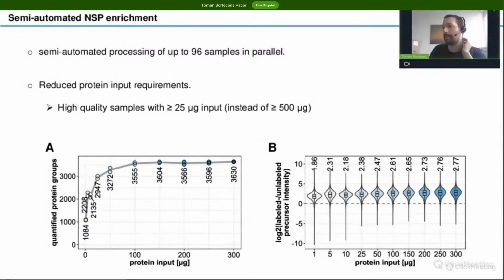And what we can see is that even with very low amounts of protein input, we get the majority of our signal actually from the labeled peptides originating from the newly synthesized proteins, indicating to us that this protocol is very efficient in performing the enrichment of the NSPs, even in this lower range.